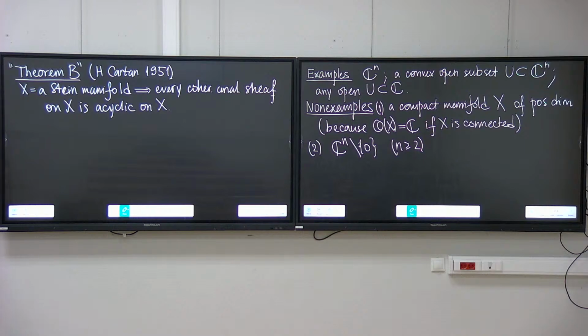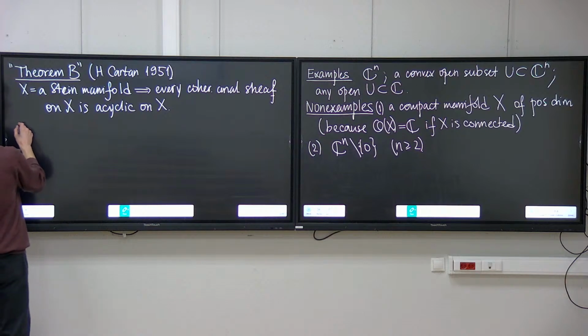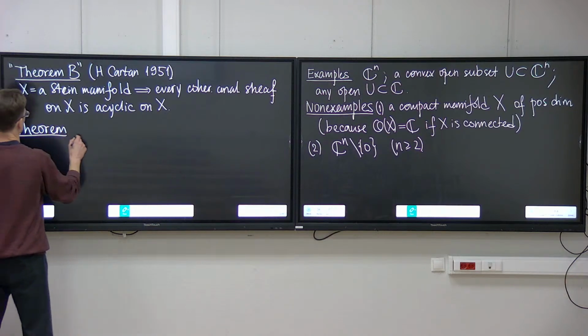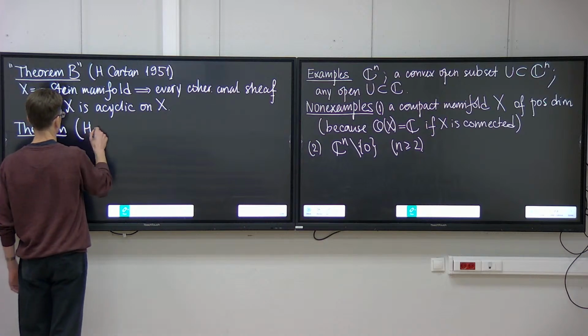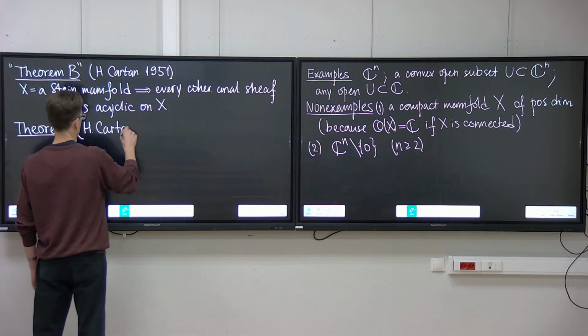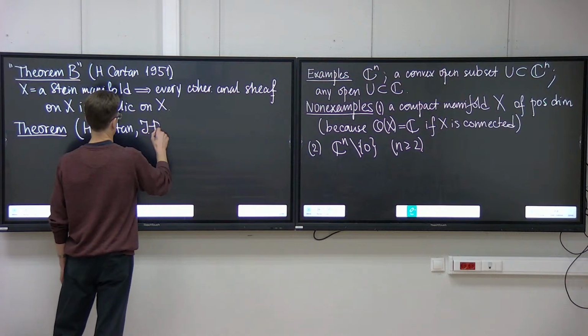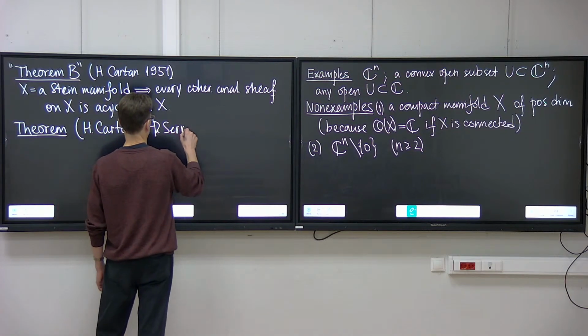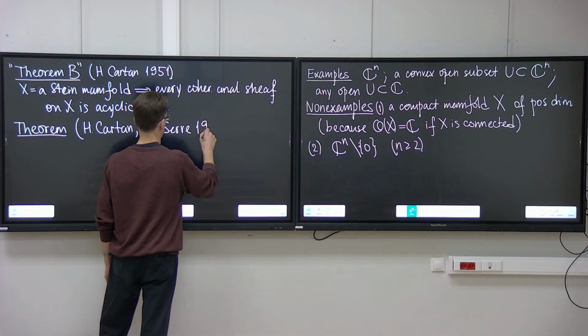It's highly non-trivial. What we are going to prove is a result about the cohomology of coherent sheaves on compact complex manifolds. This theorem is due to Serre, 1953.